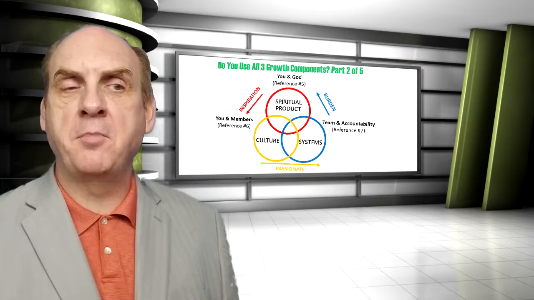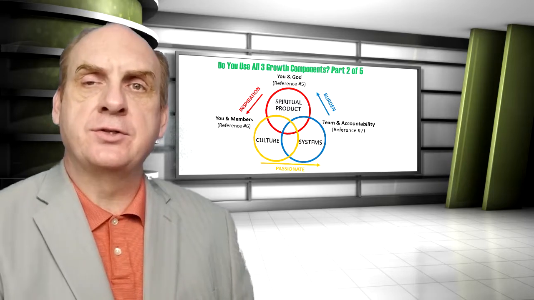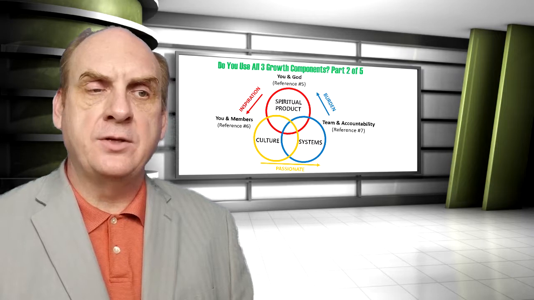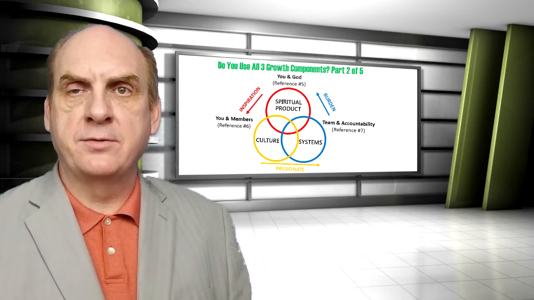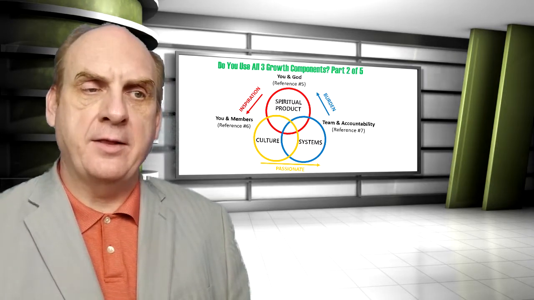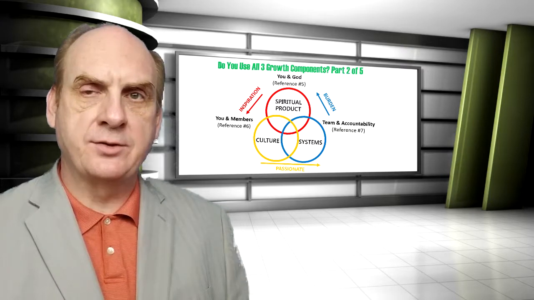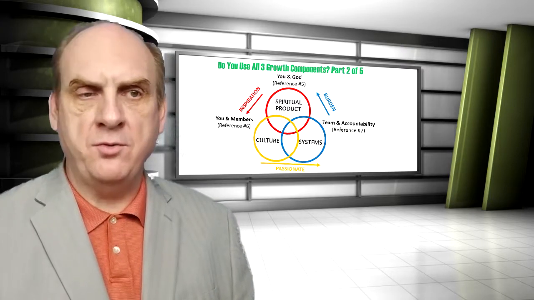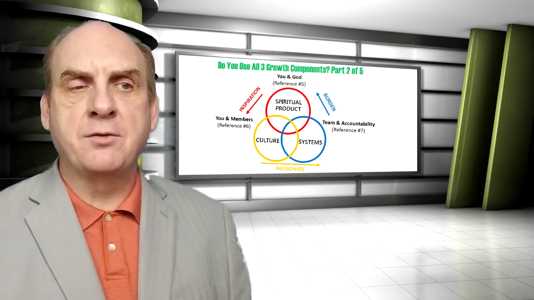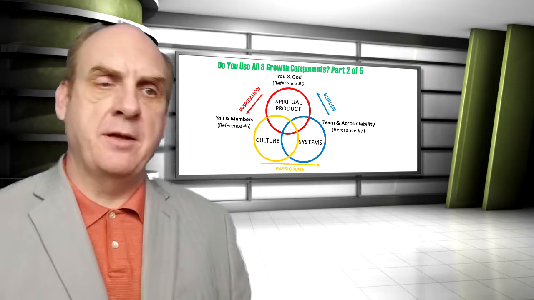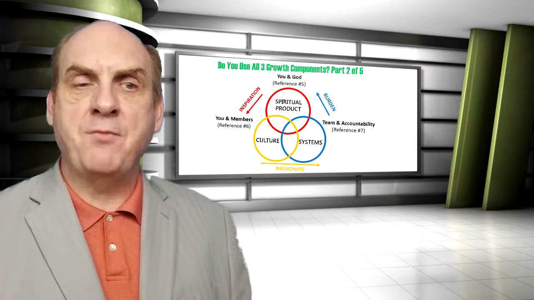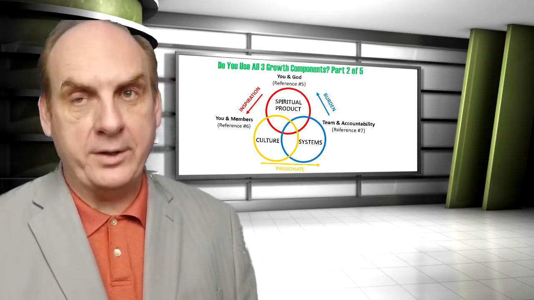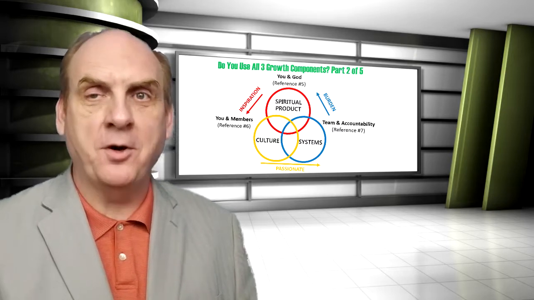A good spiritual product will give your new members inspiration to participate in your church's culture. And so in the second component, we're looking at your church's culture. The participants in this culture is you and your members, okay? And this is tricky because there's two sides to the culture. As a leader, you'll set a tone for the culture, but yet your members will bring in manners and methods to the table that will mix. The culture is a mix of what you want and what you get. That's just how it works.